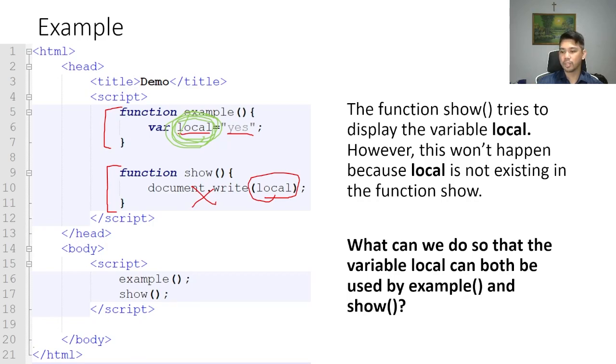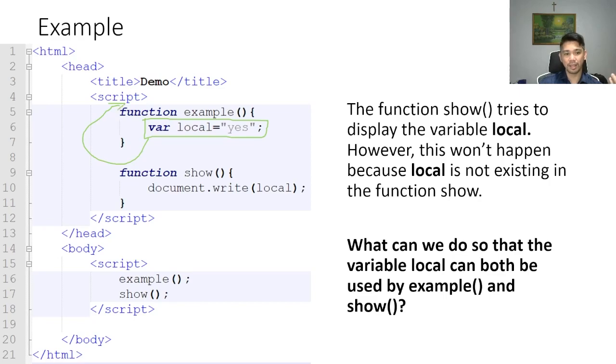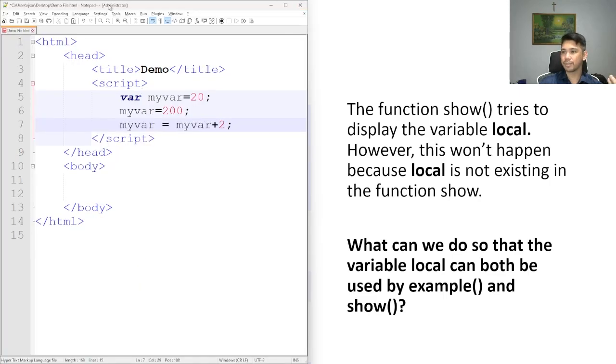Wait, let me just clear this one out. How will we make use of global variables? Again, a global variable is declared outside of the function. So if we place the declaration of the variable outside the function but still inside the script, something like this.